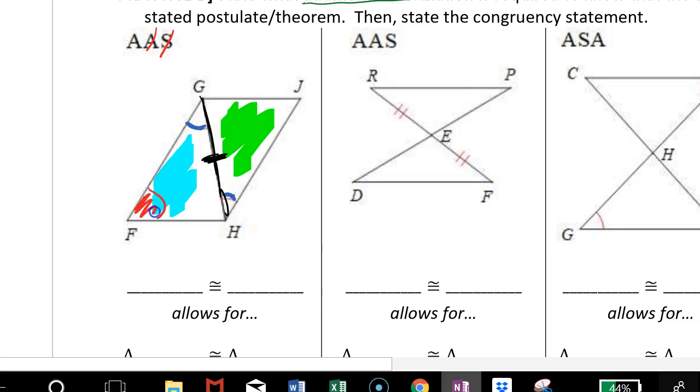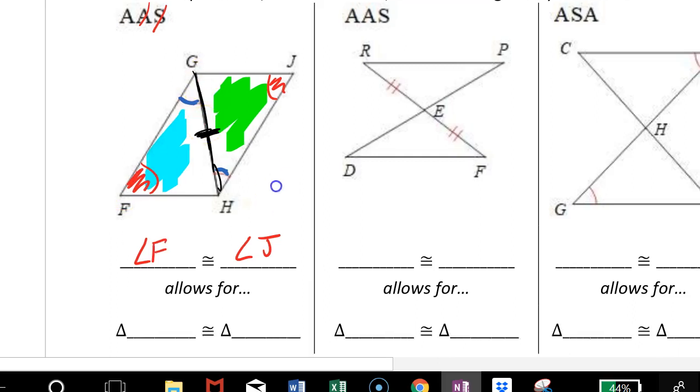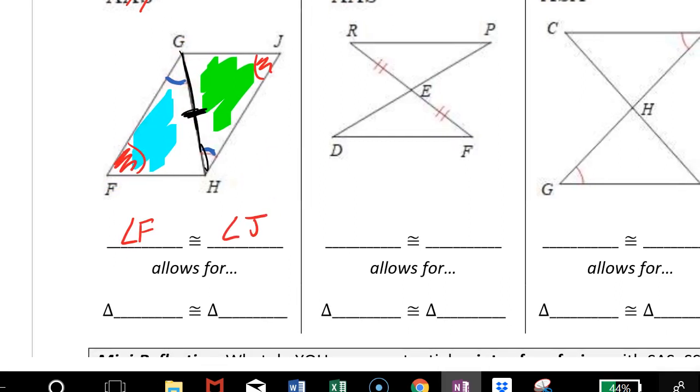So that means we're going to have to use angle F, and we're going to have to use angle J to set up angle side for this top triangle, angle side for the bottom triangle. By these congruency statements, we've now set up that triangle FGH is congruent to triangle JHG.